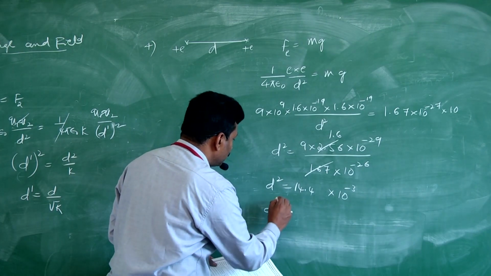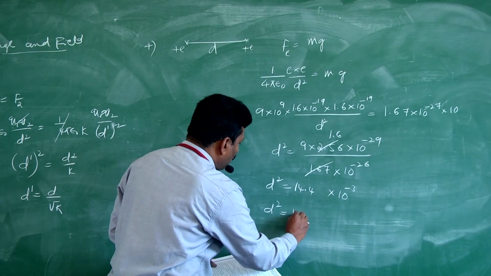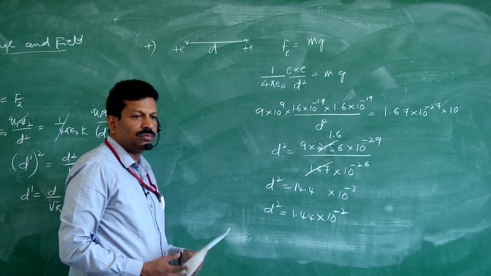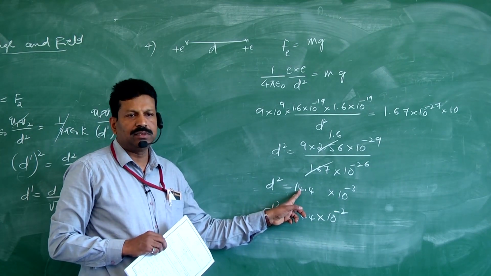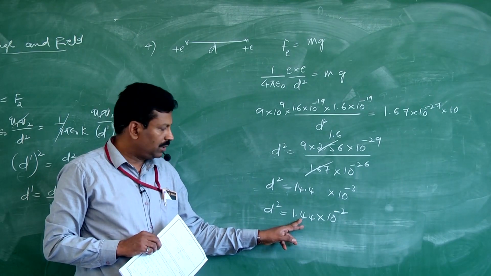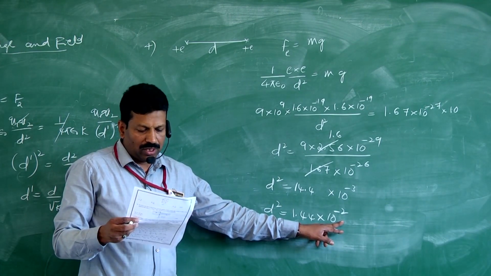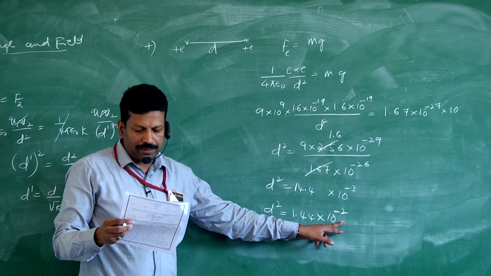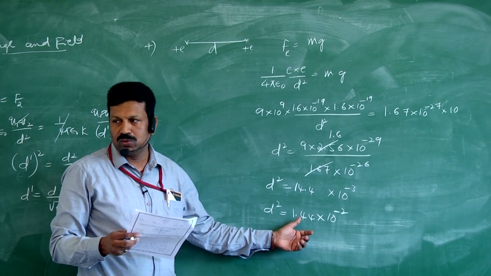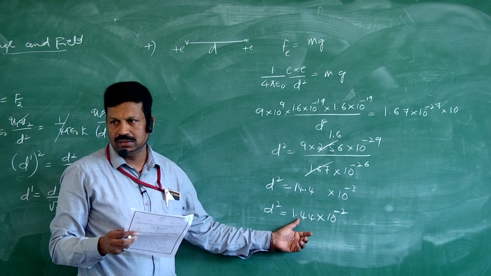Suppose I take d square as 1.44. Can I write it so? I have shifted one point to this side, and 10 to the power minus 2, right. So now the square root of this is roughly 1.2.